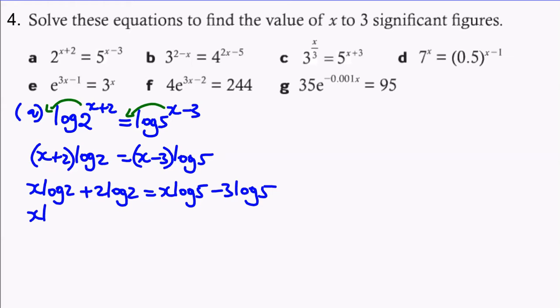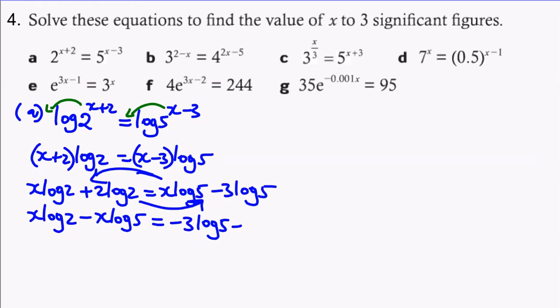So x log 2 minus x log 5 will be equal to, if I bring that to the left and take that to the right, I'll end up with negative 3 log 5 minus 2 log 2.